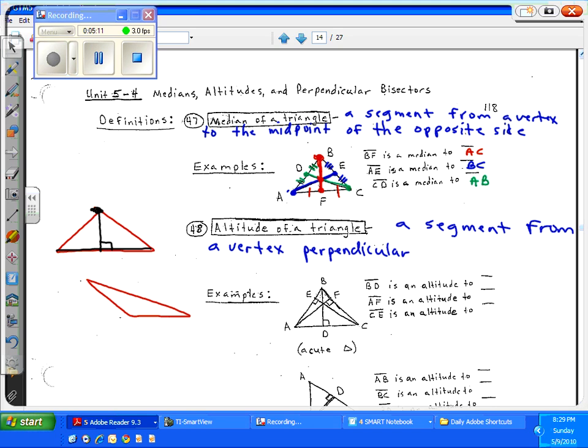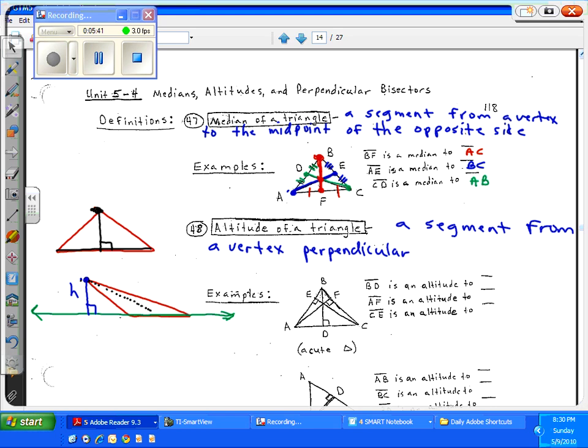And I wanted to know how tall that triangle is. Well, you can't draw from here perpendicular to the opposite side. You would have to draw the line that contains the opposite side. In other words, let's find out where ground level is, and we're going to draw from the vertex perpendicular to the line that contains the opposite side.